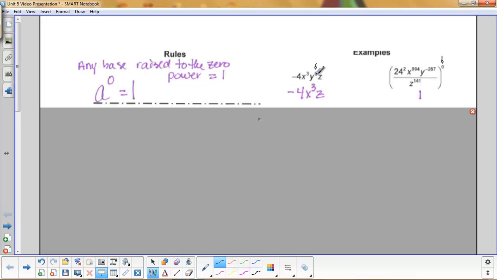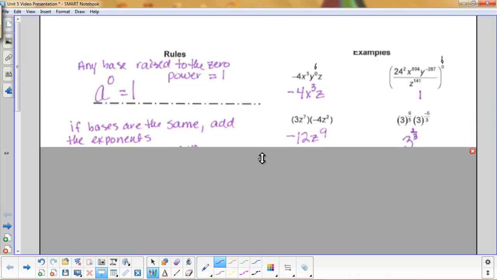So notice this is not written in the final form and there's nothing else that simplifies. Notice that this 0 is surrounded, this entire quantity, by parentheses, and therefore we would distribute this throughout, and that would mean that that is your answer.